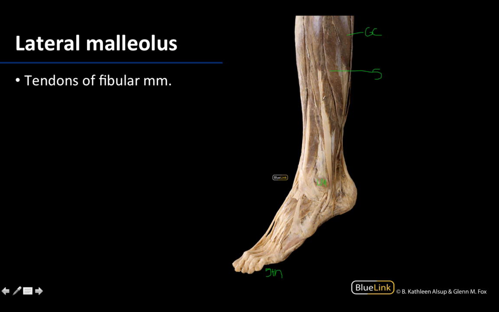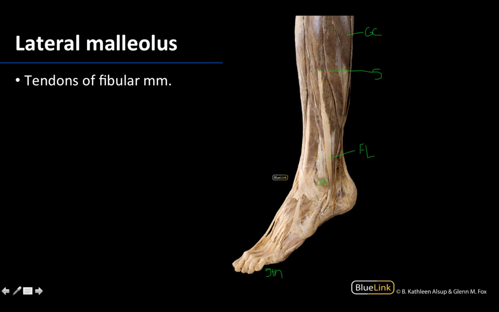And I always can tell the fibularis longus tendon because the tendon is longer. It becomes more rope-like. So this is the fibularis longus. And you can see it kind of heading into this region. It'll actually go and travel through on the bottom of the sole of the foot.